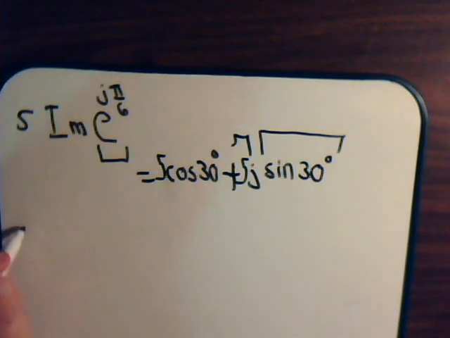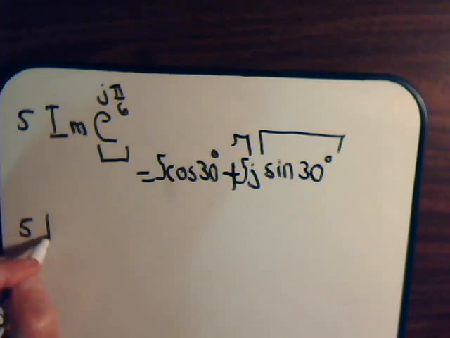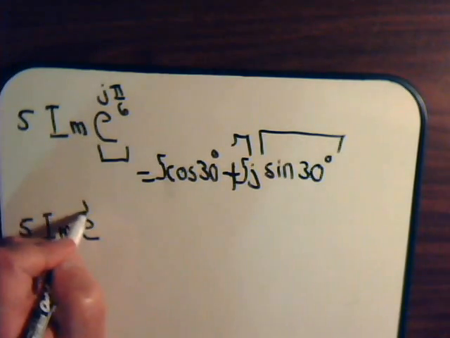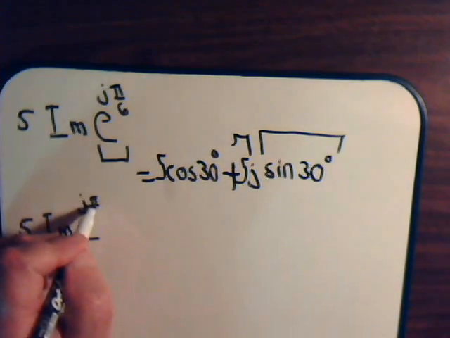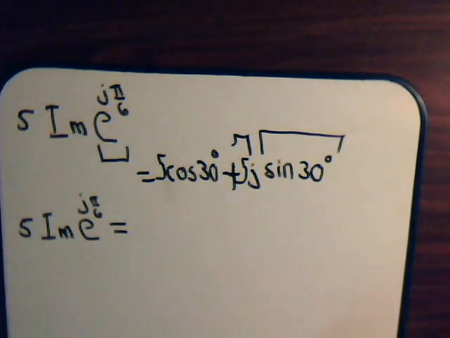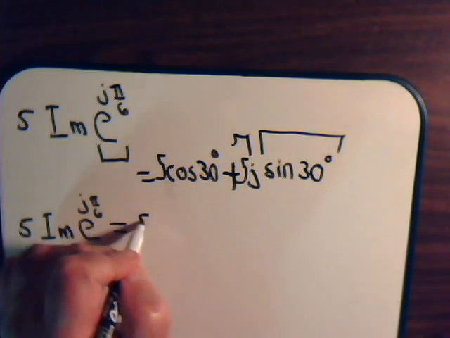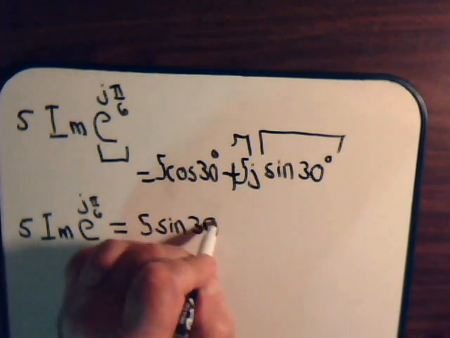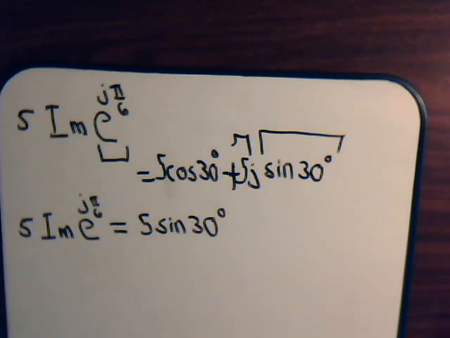So 5 times the imaginary part of e to the j pi over 6 is the same thing as 5 times the sine of 30 degrees.